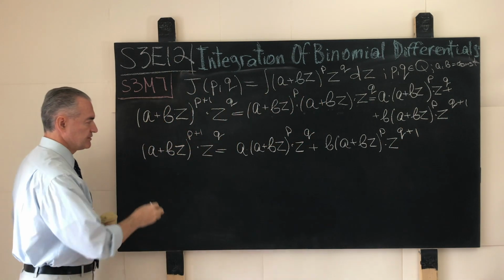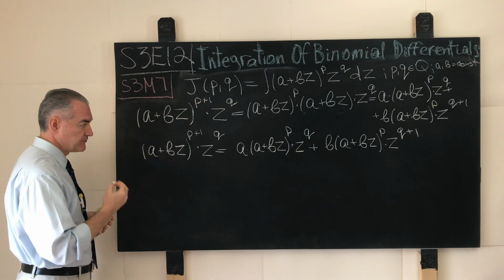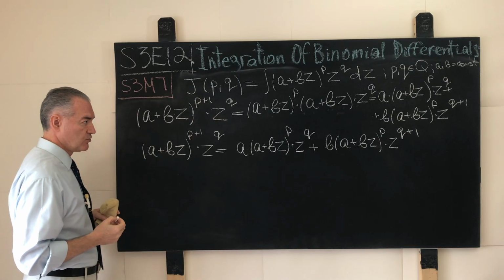You see, this is an evident, a baby in some sense, middle school algebraic identity, if you will. There's nothing complicated going on over here.